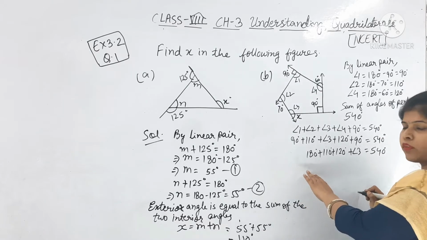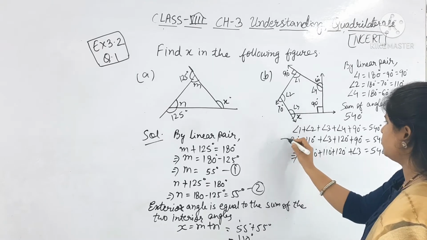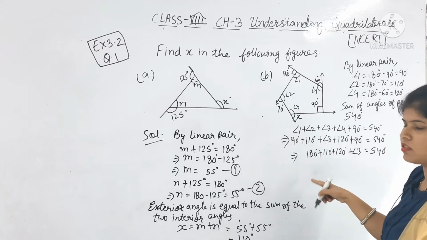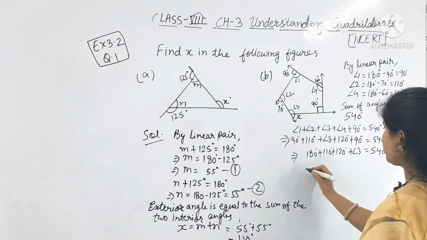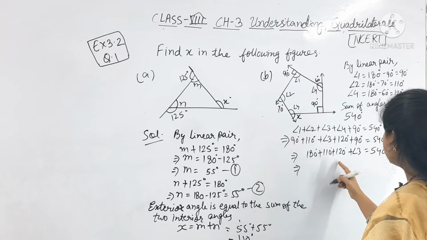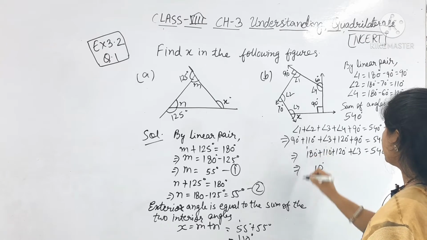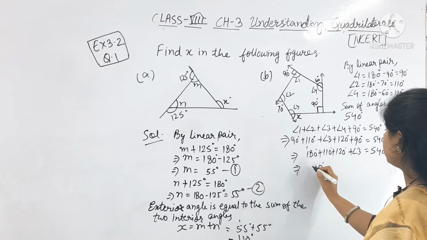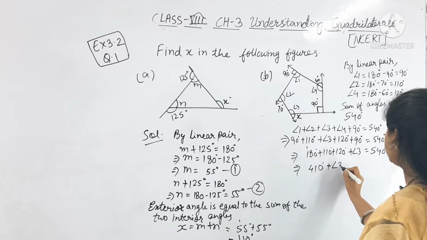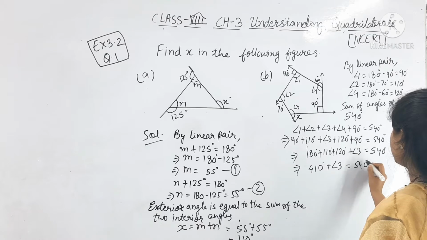Are you getting it? You have to write like this. 0 degree, 8, 9, 10, 11, 1, 2, 3, 4: 410 degree plus angle 3 is equal to 540 degree.